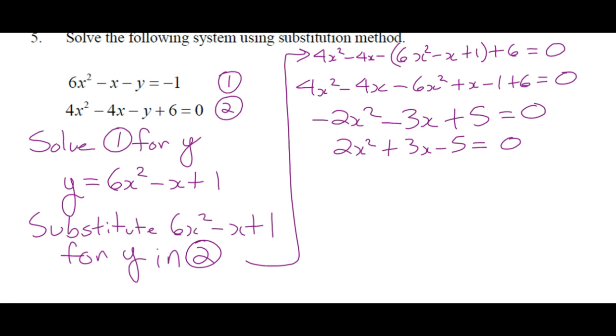So one was a parabola opening down, and now it opens up, but it doesn't matter because it has the same x-intercepts, and all we care about is the x-intercepts of the graph, the zeros of the function, or the roots of the equation. Does this factor? I don't know. If it does, the 5's got to go there, so we need a plus, minus.